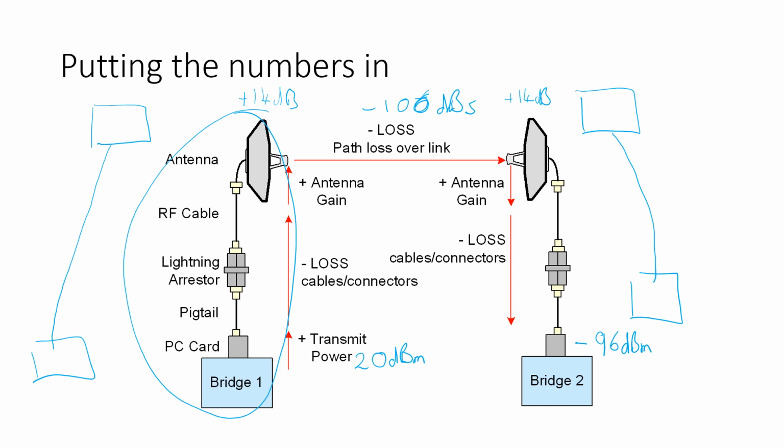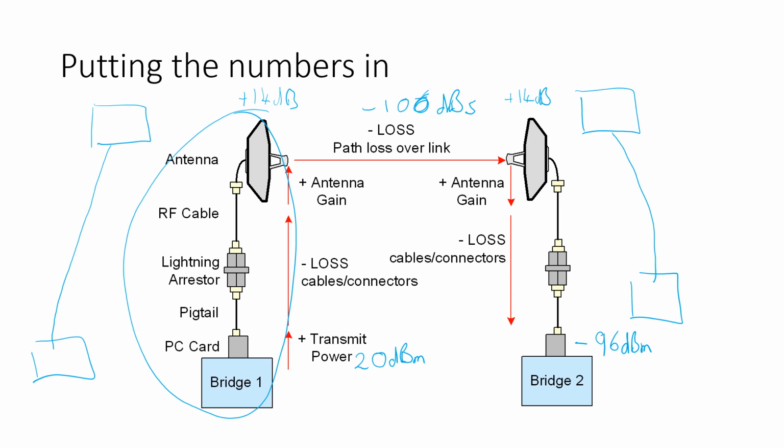So essentially, that's just about all of the information that we need, and I suppose we can just first of all look at the amount of power that we need to actually receive at the bridge end.